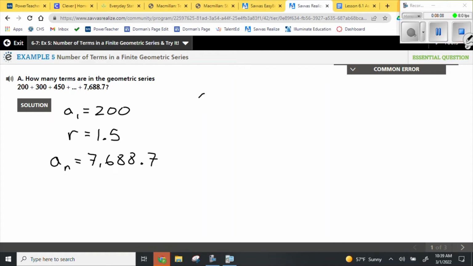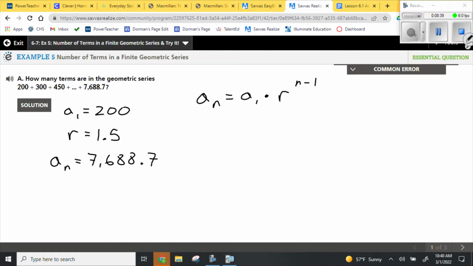So we know that a sub n is equal to a sub 1 times r to the n minus 1 power. That is our explicit formula for a geometric sequence. But this series is just going in that same sequence. We're not actually adding anything. It's just showing you what we would be adding, right?